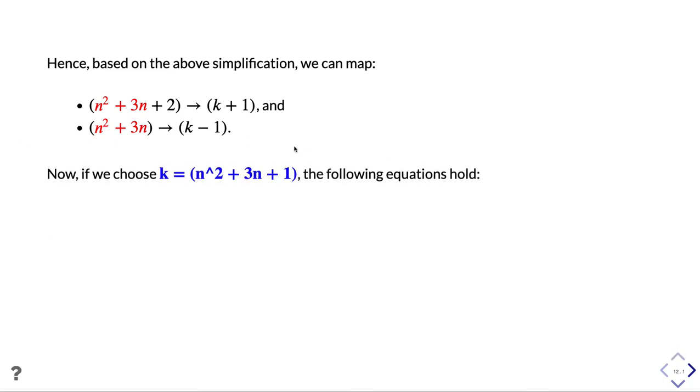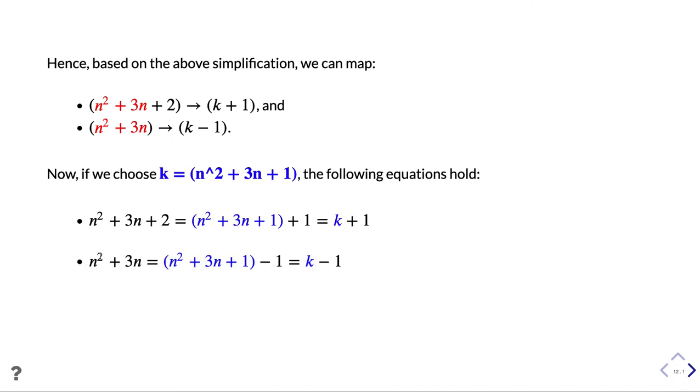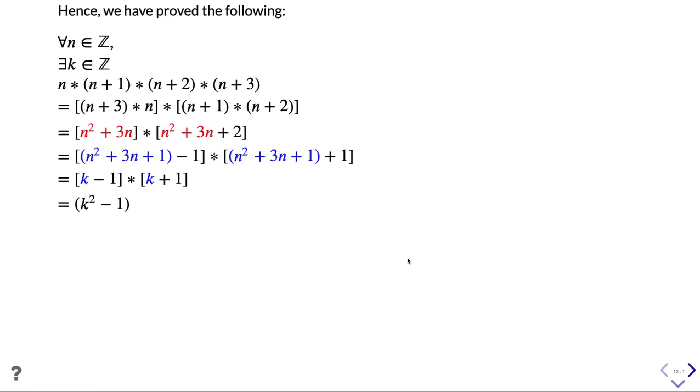We are now going to use one of the equations, and we are going to find that k is equal to n squared plus 3n plus 1. And using this value of k, the following equation holds: n squared plus 3n plus 2 is k plus 1, and n squared plus 3n is, effectively, we added 1 and subtracted 1, so it's equal to k minus 1.